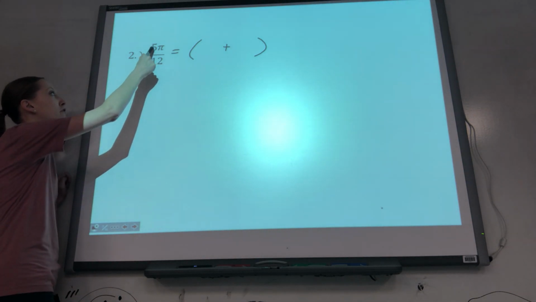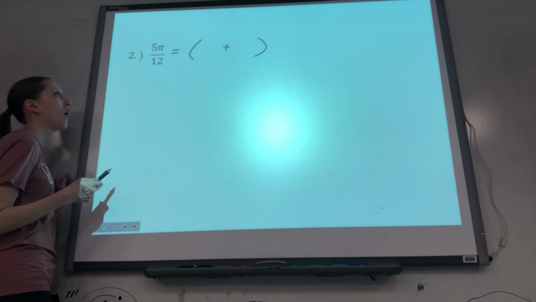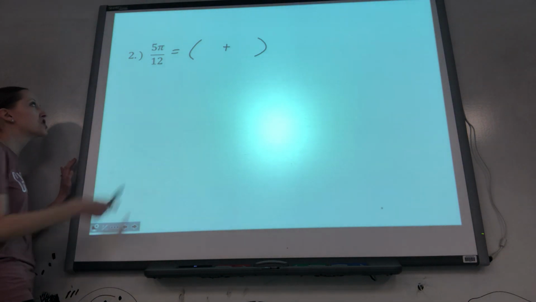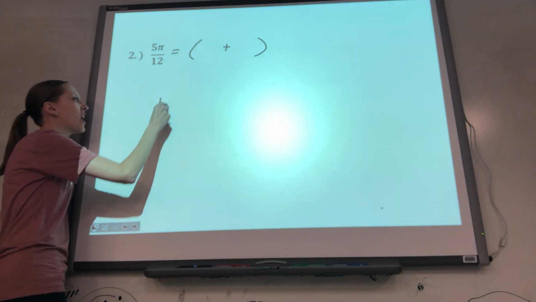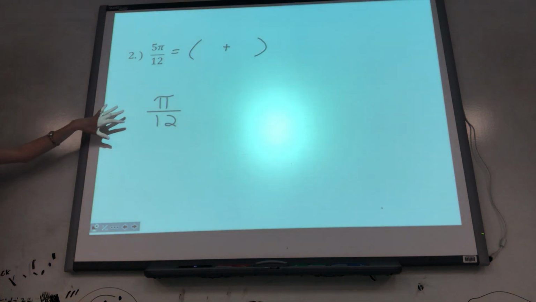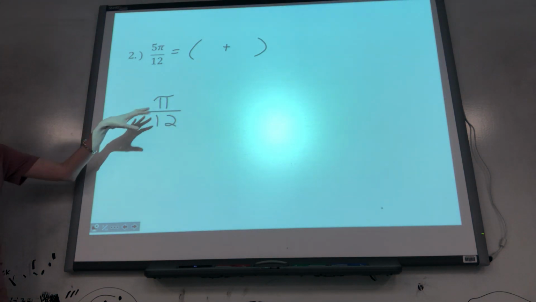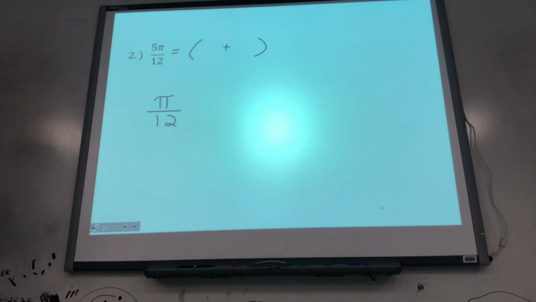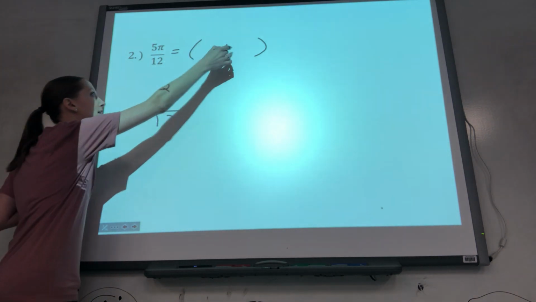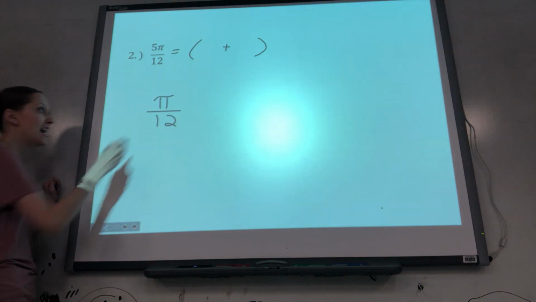This is 5 pi over 12. Why don't you go back a little bit for just a second and start with 1 pi over 12. You may want to write this stuff somewhere on the side. I'll have to erase it here in a minute, but this is kind of helpful for how you come up with this pair of numbers.